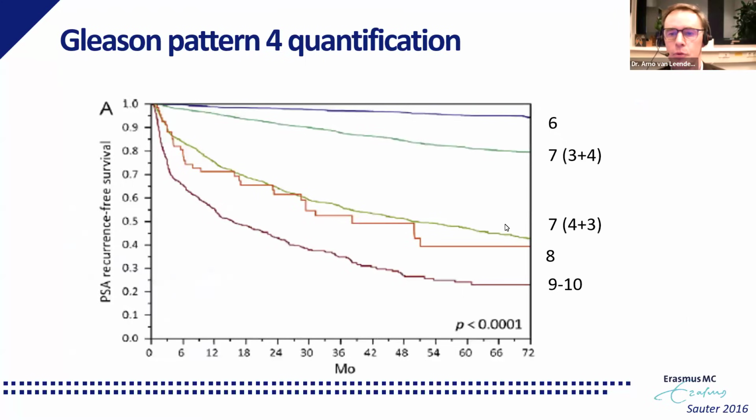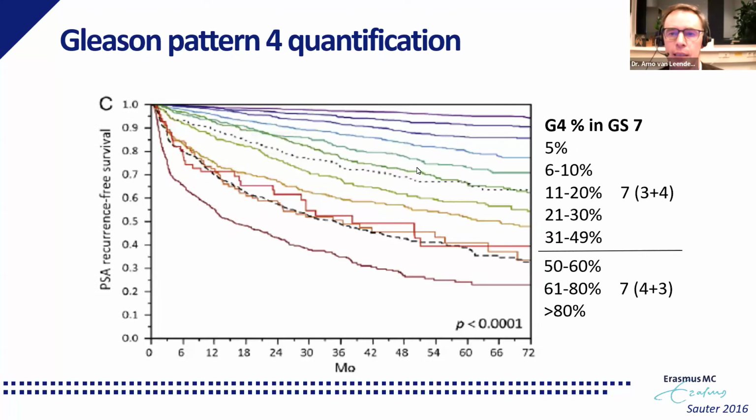Well, this was nicely proven by a huge study from the Hamburg group in Germany, from Guido Sauter, and they really looked in almost 10,000 radical prostatectomies at what the impact of percentage pattern 4 was. And quite interestingly, they found that the more percentage pattern 4 you have, the worse the outcome is.